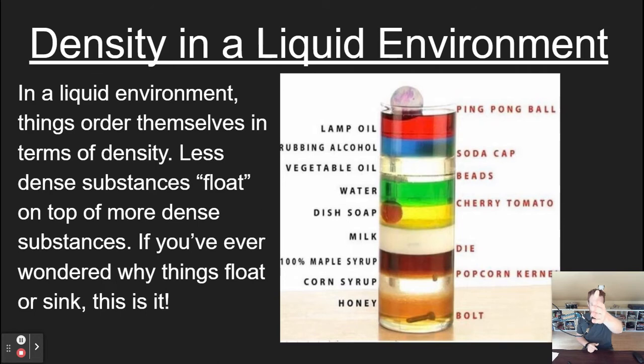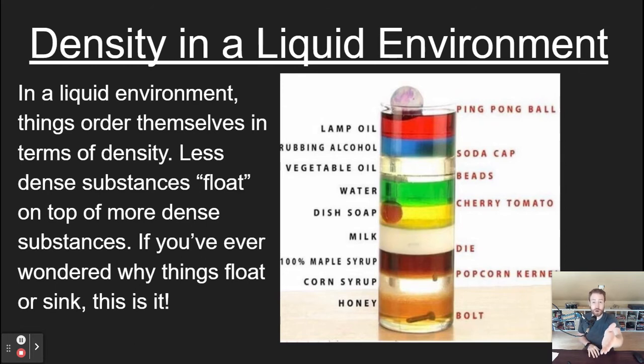On the left-hand side of this image are listed all of the different liquids in this image. A lot of these liquids were colored in order to make them visible, right? Water, for instance, isn't green, but a little coloring was added to make it visible.